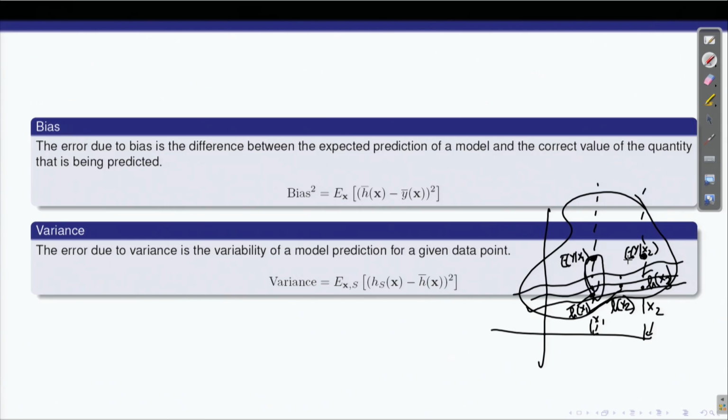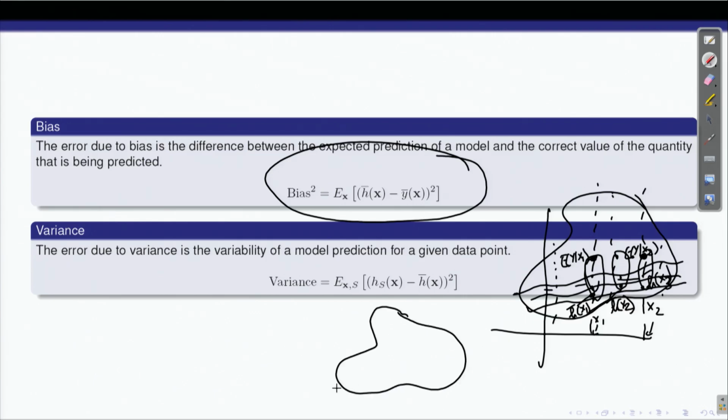Take the squared distance of these. Now, once you have these squared distances, note that for each x line, you will get a squared distance. Take the average of them. That gives you this bias. So, suppose these are the correct average values for x and y.